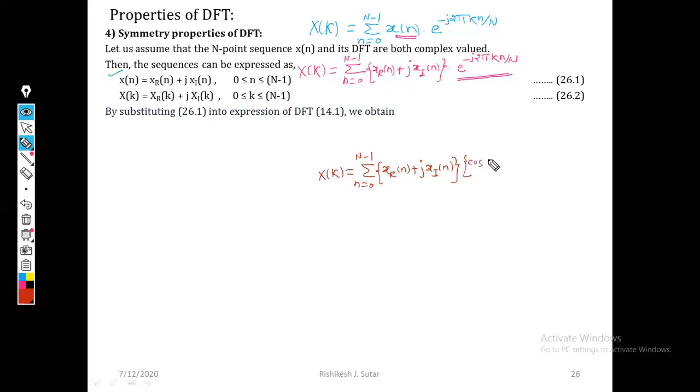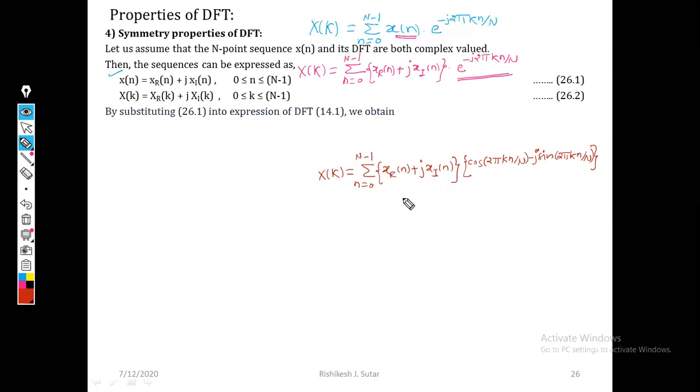So cosine of 2 pi k n by capital N minus j sine of 2 pi k n by capital N, and I can complete the bracket. So this is the equation which I'm getting now.